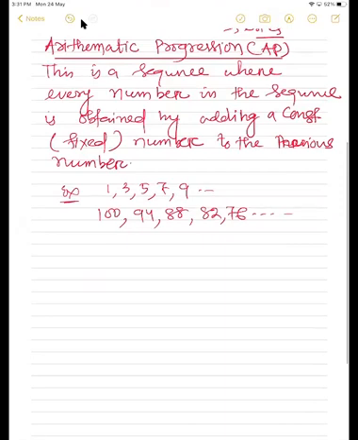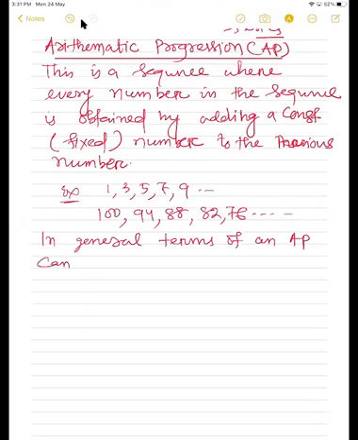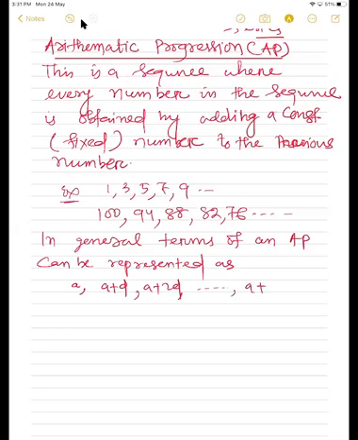In general terms, the terms of an AP can be represented as: let's say I took a, then a plus d, then a plus 2d, dot dot dot, and a plus n minus 1 times d.